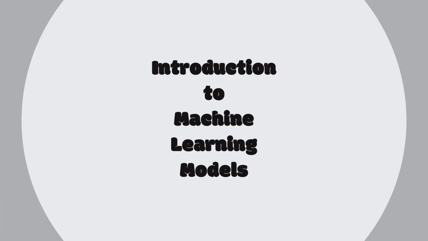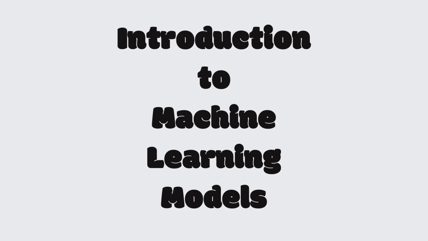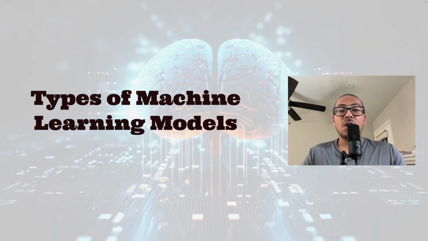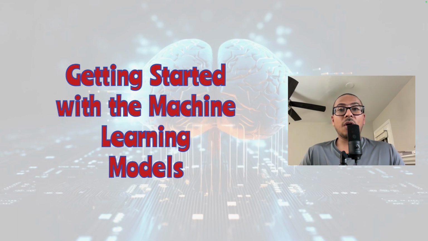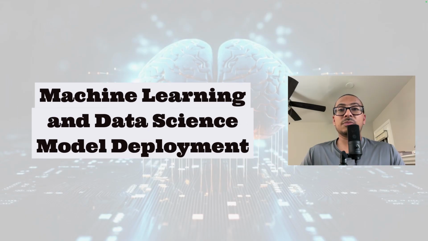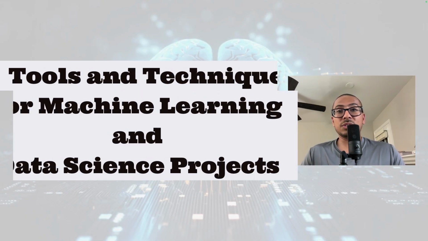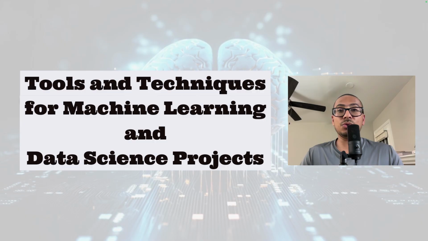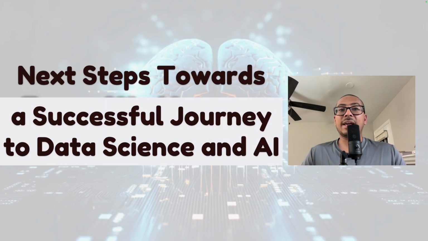This is going to be introductory level, but we will understand what the different types of machine learning models are, how to get started on machine learning and data science projects, how to deploy them into production, what the different tools and techniques used in data science and machine learning projects are, etc., and the next steps towards mastering data science and machine learning models. So without any further delay, let's get started.